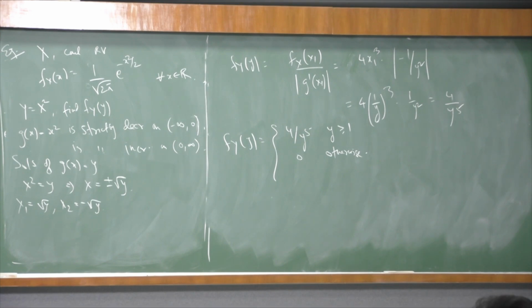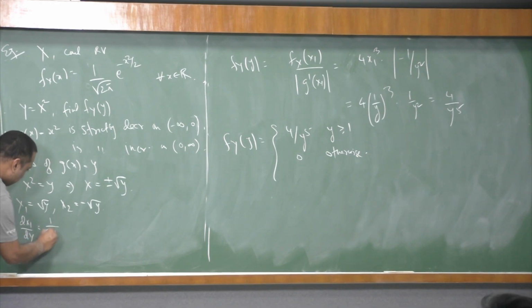Now we will use the formula. We also need dx1 by dy. What is that? Minus 1 by 2 square root of y.